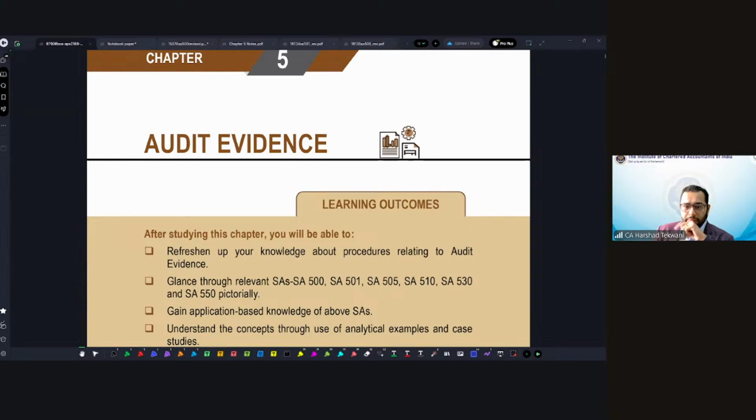So can you repeat the question? When the auditor decides to use external confirmation, what is the auditor's objective in that particular scenario? What is the main overall objective while using external confirmation as a process?